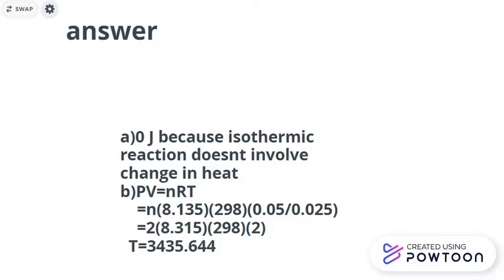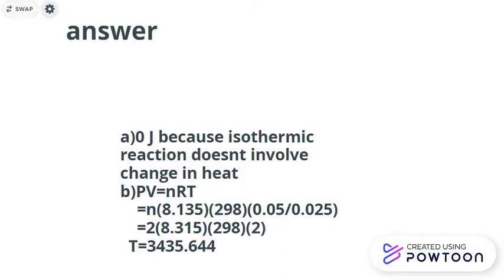The answer for question A is 0 joule. This is because an isothermal process doesn't involve a change in temperature. For question B, we know that the equation is PV equals nRT, where P is pressure, V is volume, n is the number of moles, R is the gas constant, and T is the temperature. So n is equal to 2.